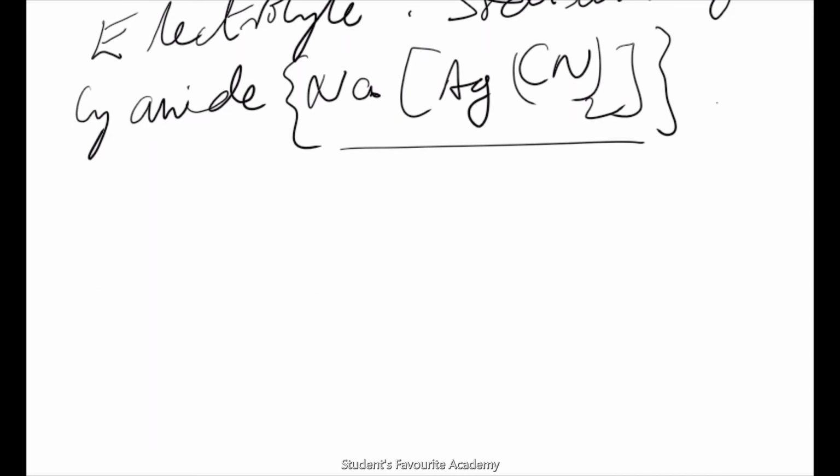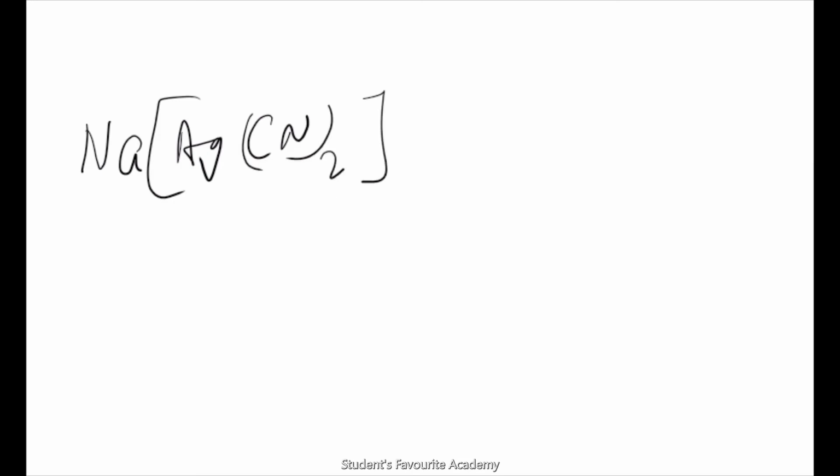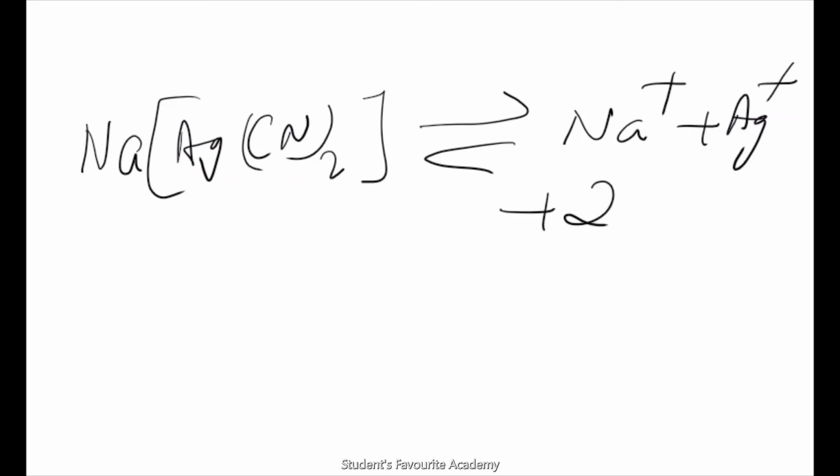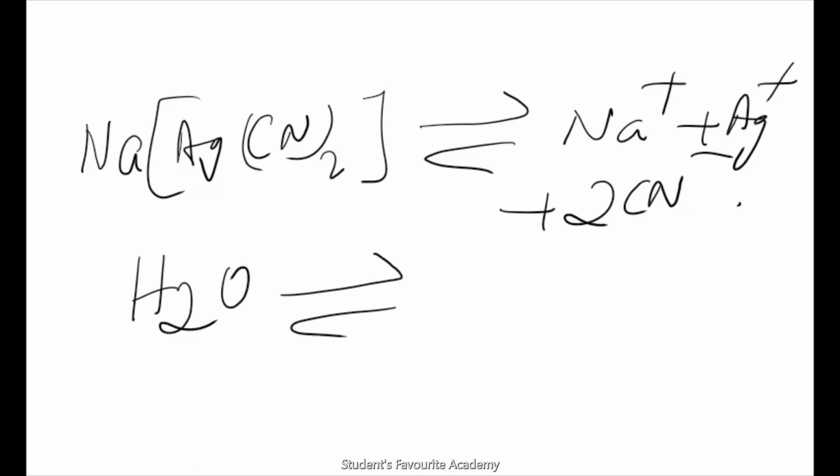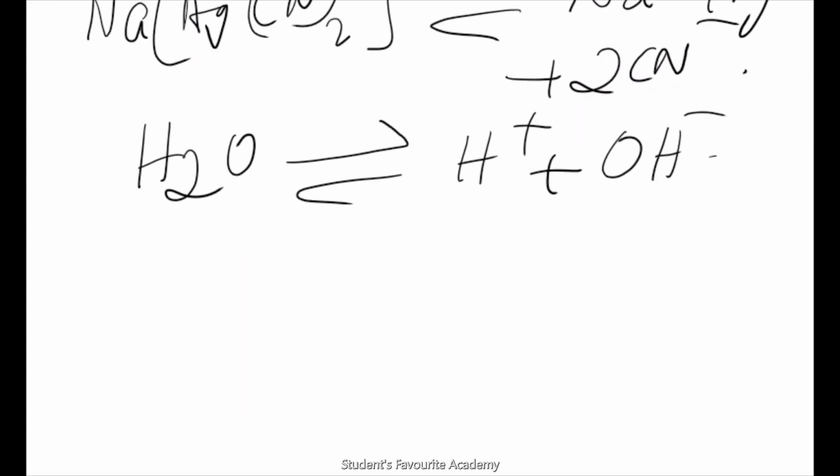Now, when this compound, sodium argentocyanide, NaAg(CN)2, dissociates, it forms Na+, Ag+ and 2 CN-, and the water in the solution forms H+ and OH- ions.